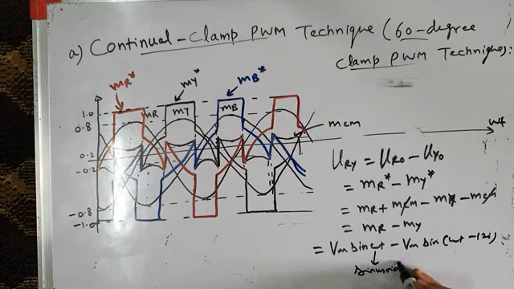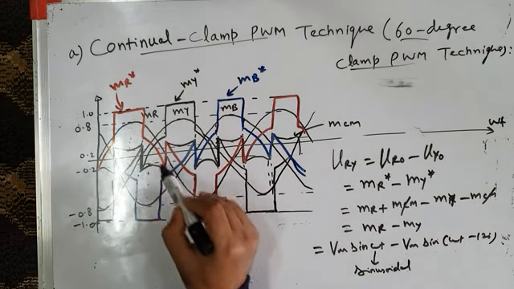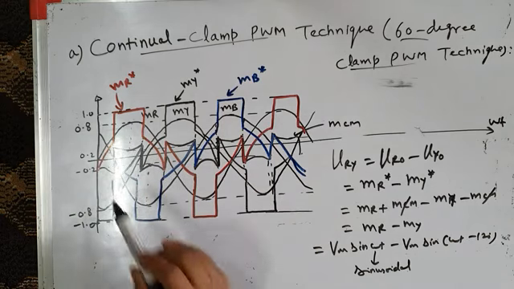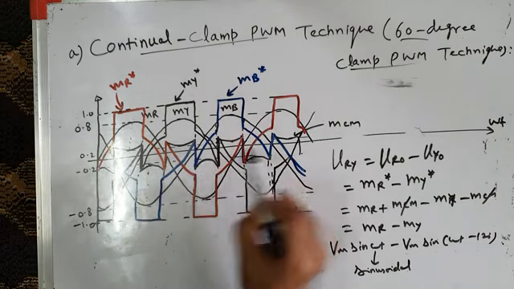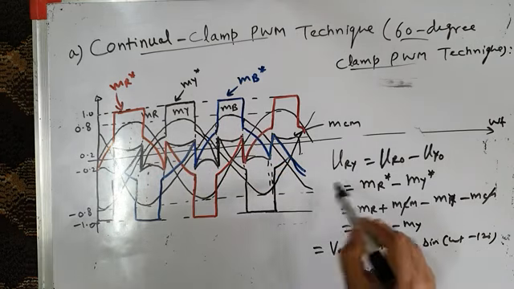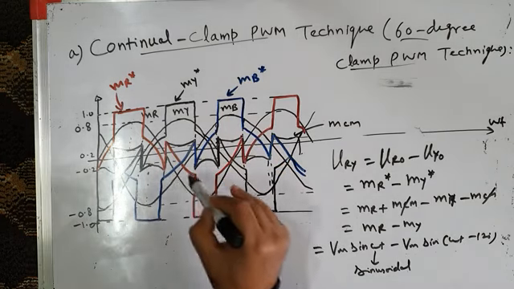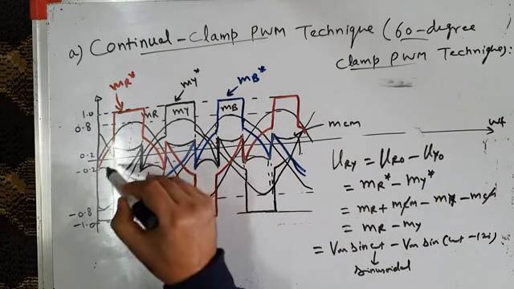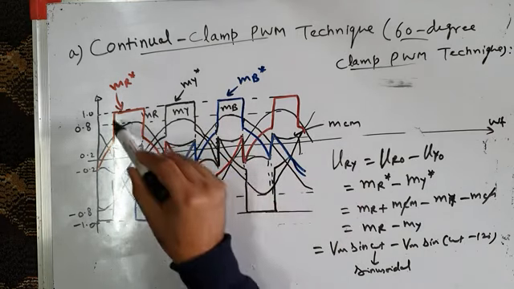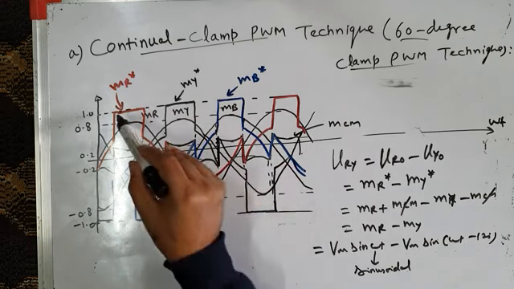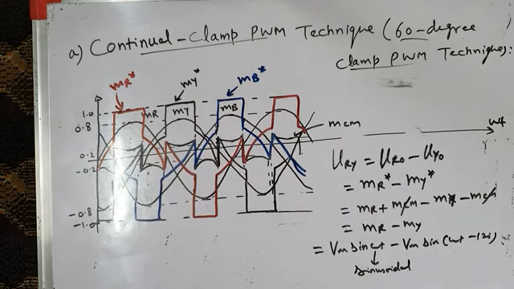So although the pole voltages of the inverter get modified, they are not sinusoidal. Original modulating waves are sinusoidal, but the modified modulating waves, MR star, MY star and MB star, are not sinusoidal. So my pole voltages are also not sinusoidal. They have the same shape. The instantaneous average value of pole voltages VRO, VYO and VBO will very closely follow the shape of MR star, MY star and MB star.